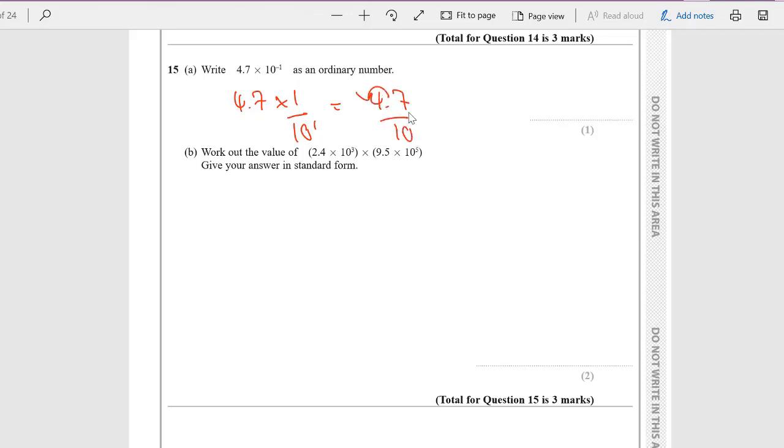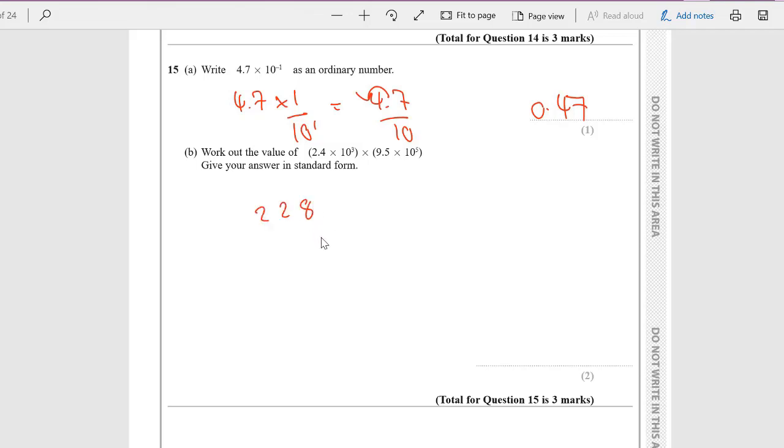So that means that decimal point goes to the left by 1. So 0.47. Work out the value of this here, giving your answer in standard form. So you can essentially put this into the calculator, and if you do so, you will get the answer as follows.